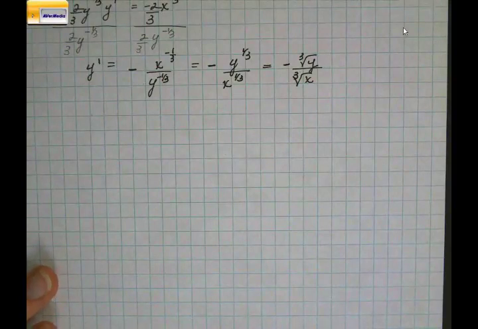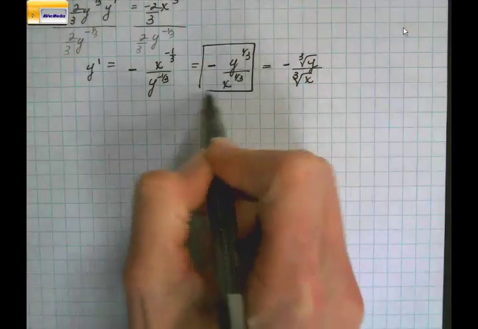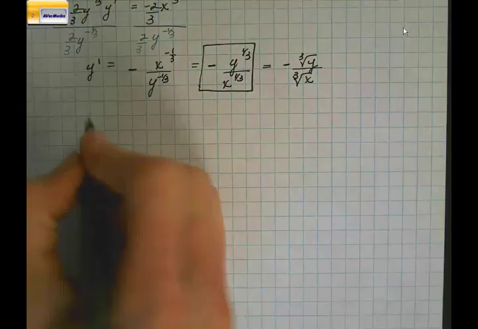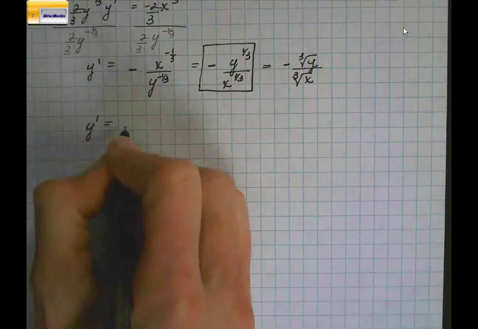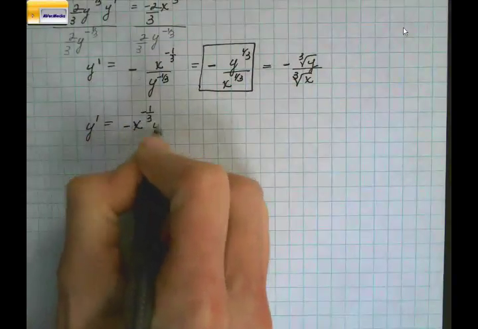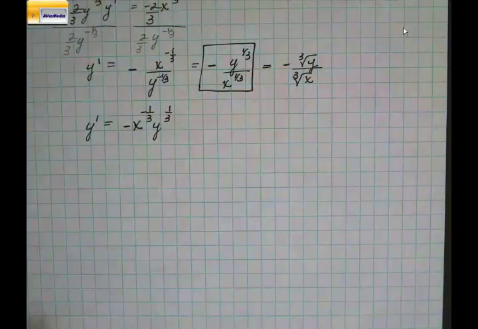Okay, that's the first one. So I think this is the version I would go with when we take the second derivative. Maybe I would write it x to the negative 1/3, y to the positive 1/3, and I would use the product rule to make the next derivative.